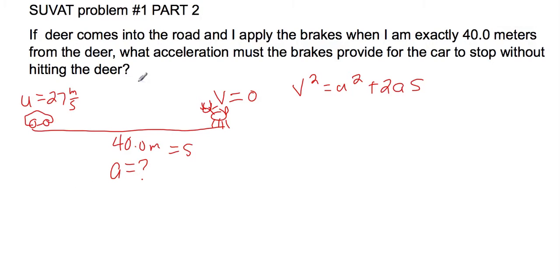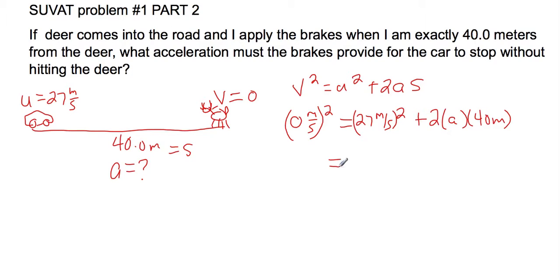Again, looking at our picture, it's a great way for us to kind of see where our information is and what we have to use. We want to end up with 0 meters per second squared is equal to 27 meters per second squared plus 2 times A, we're looking for that, times S, which is 40 meters.